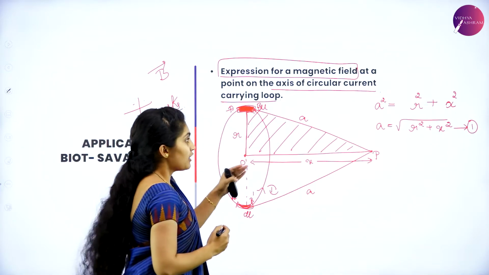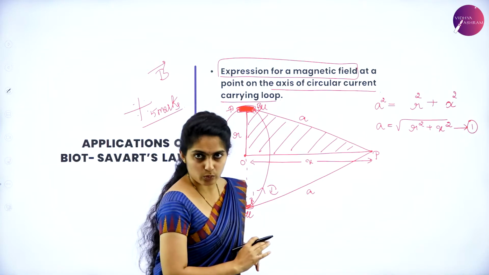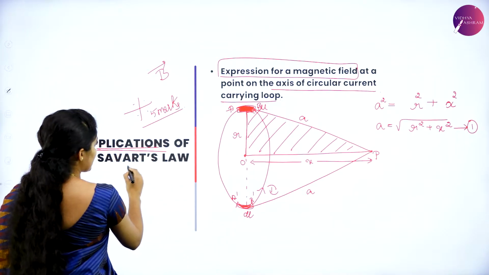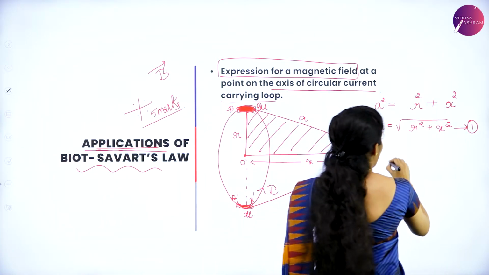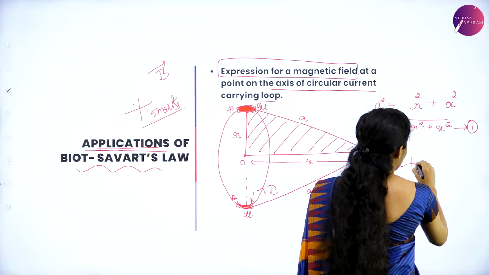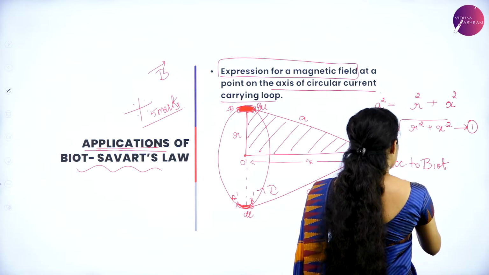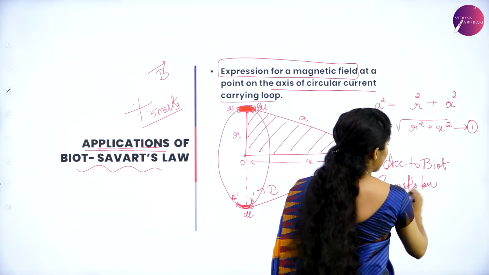After this, our duty is to consider according to Biot Savart Law, because this is the application under which we study the Biot Savart Law. So here, according to Biot Savart Law, what are we having?